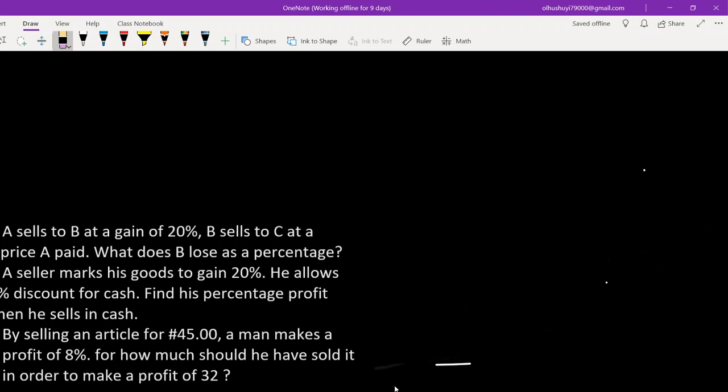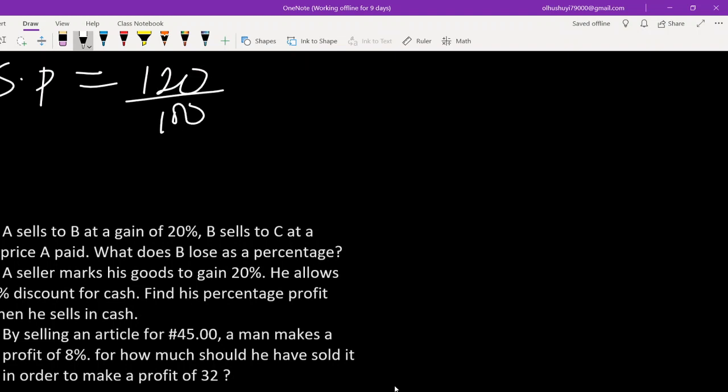The next question says that a seller marks his goods to gain 20%. Just like we represented, the selling price will be 120 over 100 of x.